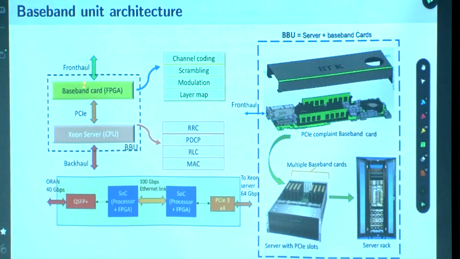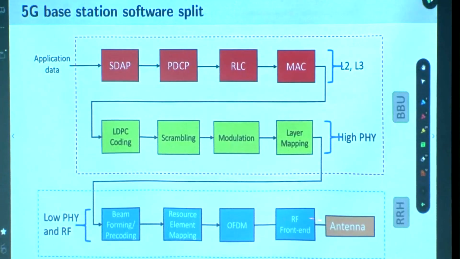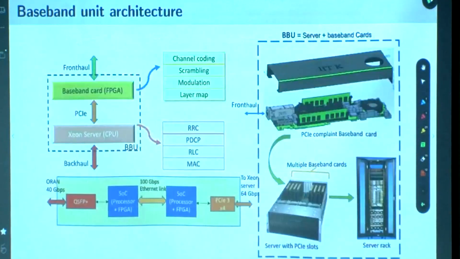Then the other part is the commercial part, wherein you are splitting it. In principle you can do this processing here also, the low PHY processing which we segregated earlier. But again, the system costs are high. Who is going to buy that technology?